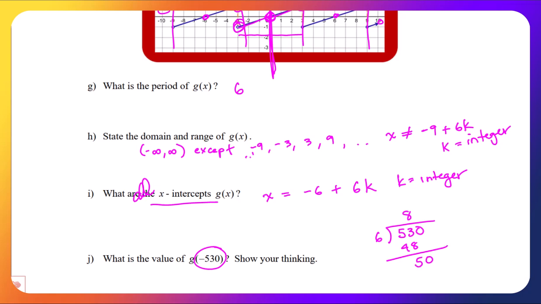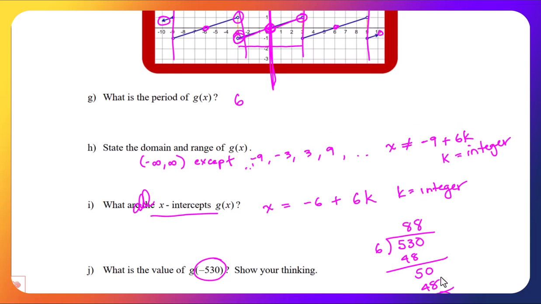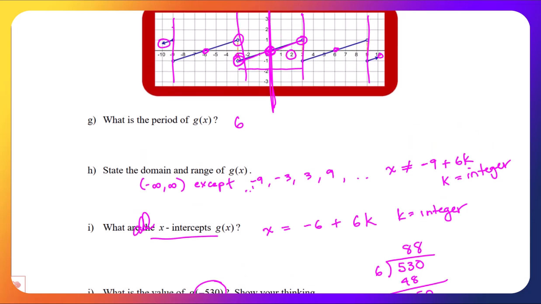Remainder, bring down the 0. 6 goes into 50, 8 again. 48, remainder 2. So that the 2 gives us a value of, let's say, 0.6.